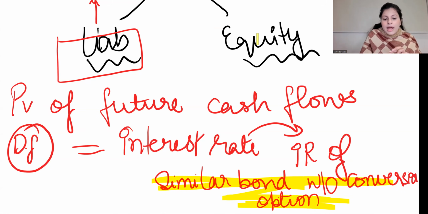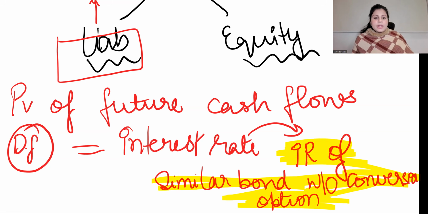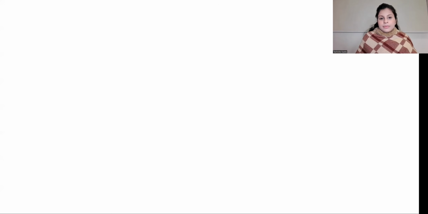Very important star point. Please write it somewhere because this is something which you are forgetting. Very confidently, we were saying effective interest rate. See, effective interest rate is used everywhere. Only there are few exceptions. One exception is convertible loan note. Another exception is leases. In leases, you use the rate implicit in the lease or incremental borrowing rate. So you can write it somewhere. Which rate are you using where? Let's make a short note.